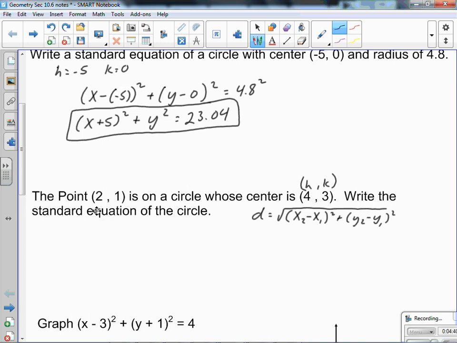Square root of (x sub 2 minus x sub 1) squared plus (y sub 2 minus y sub 1) squared. So that'll give us the radius, since that's distance, that will be the same thing as our radius, right? It'll be the distance between the center and one of the points on the circle.